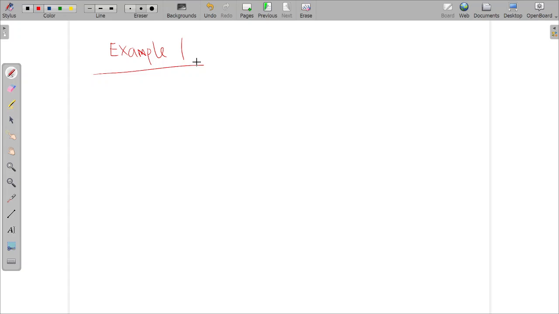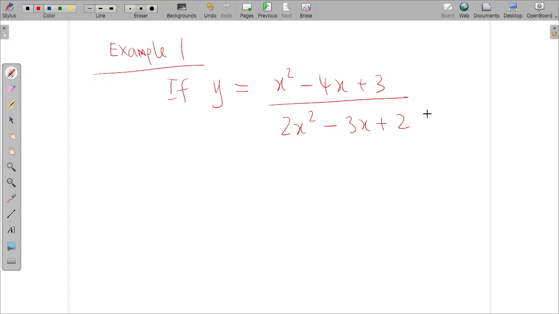In this example 1, we're going to find, if y equals x squared minus 4x plus 3 all over 2x squared minus 3x plus 2, y prime.